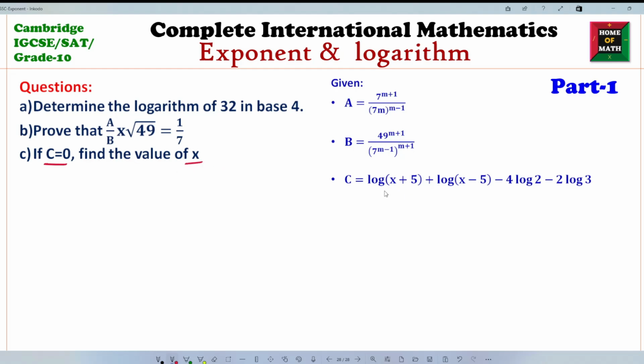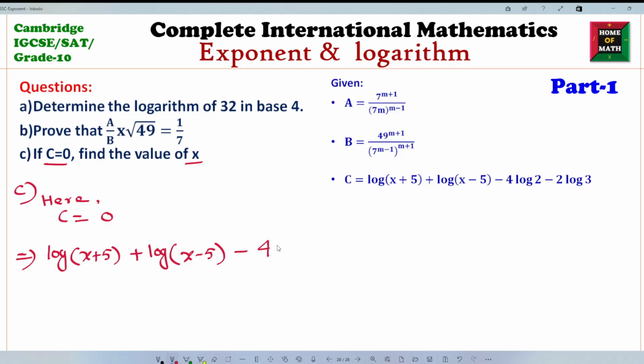Look, in the given part, for number C, C equals 0, and instead of C we can write log x plus 5, then plus log x minus 5 minus 4 log 2 minus 2 log 3, okay, equals 0. We just replace the value of C.